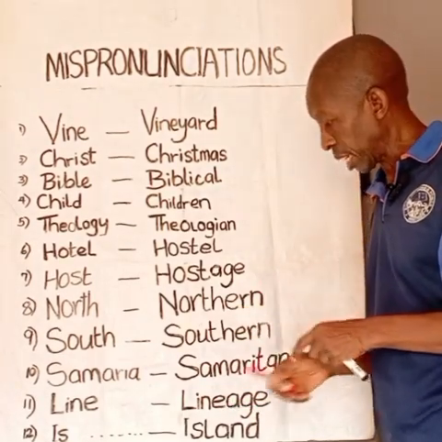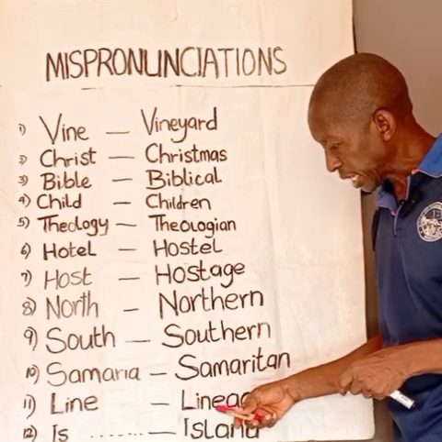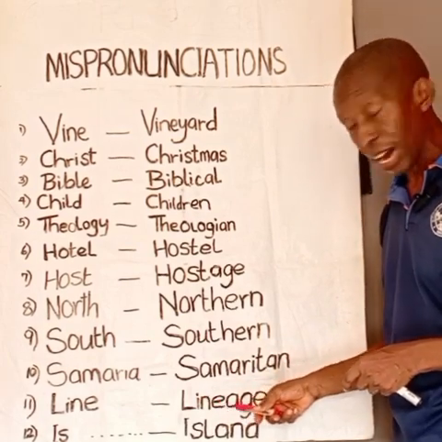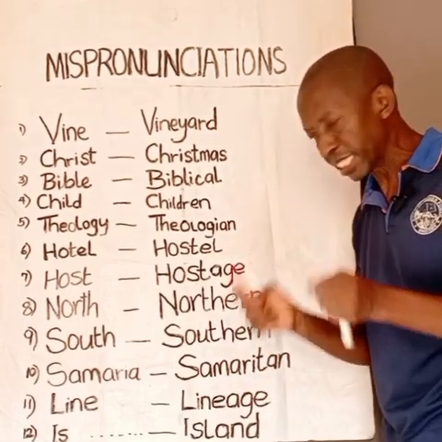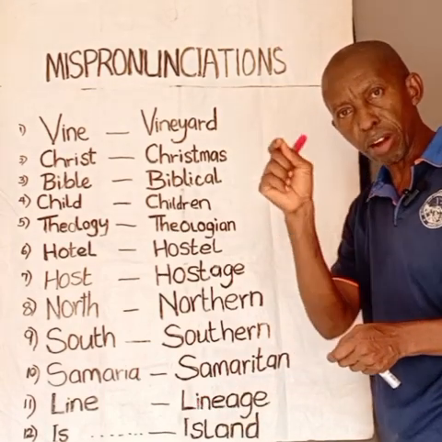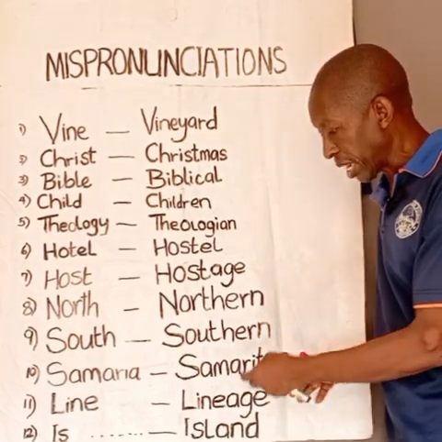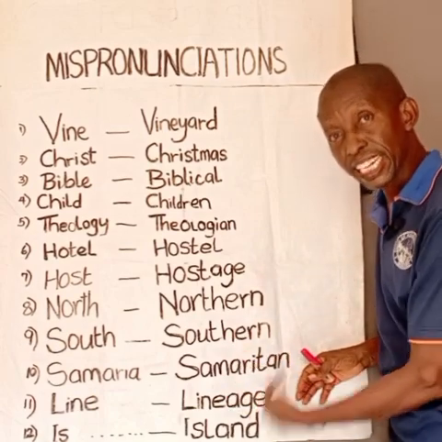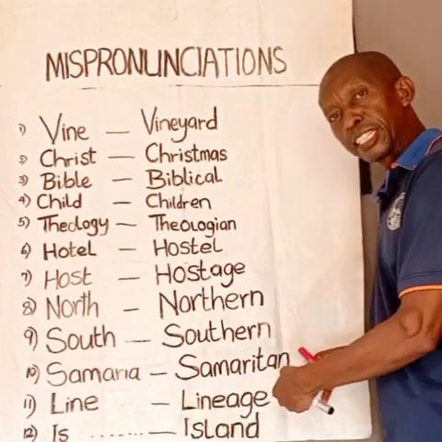Lineage. The sound that these two vowels represent is exactly the same sound that this letter I here makes. It's a short vowel sound. So what we have here is lin-ij.